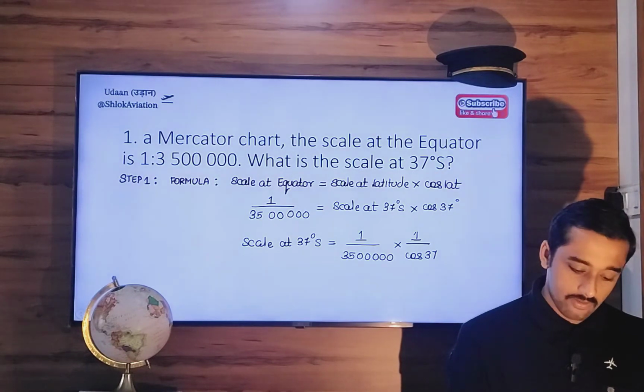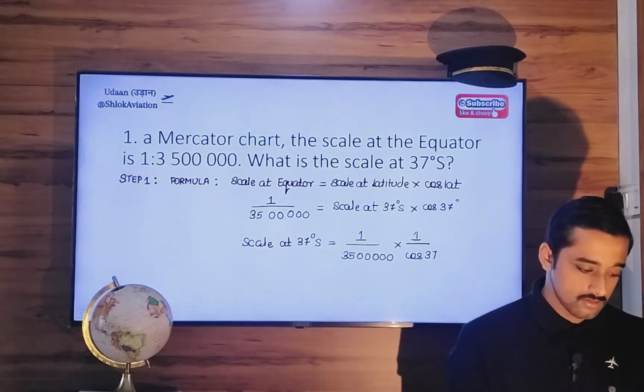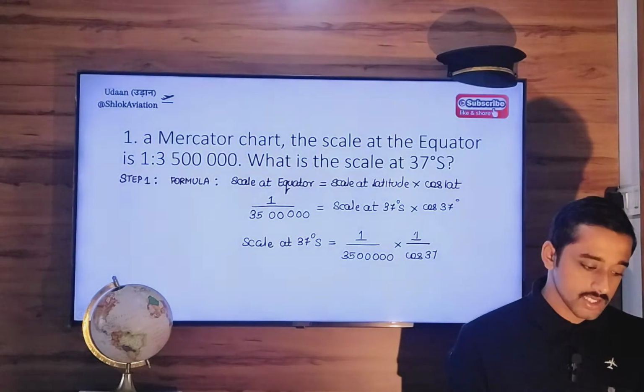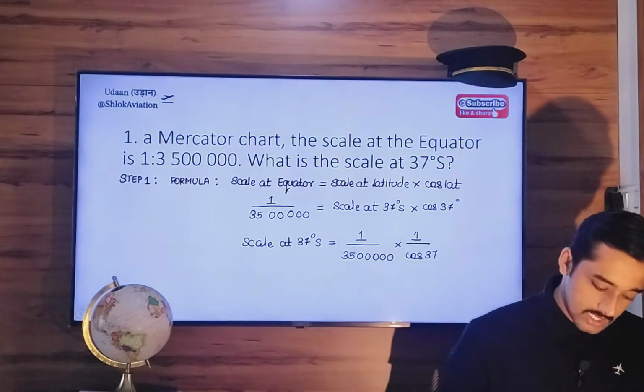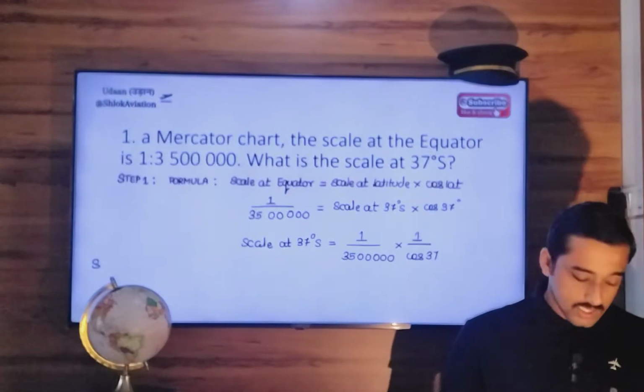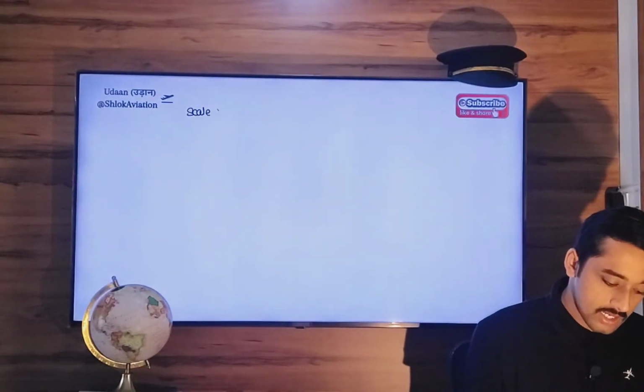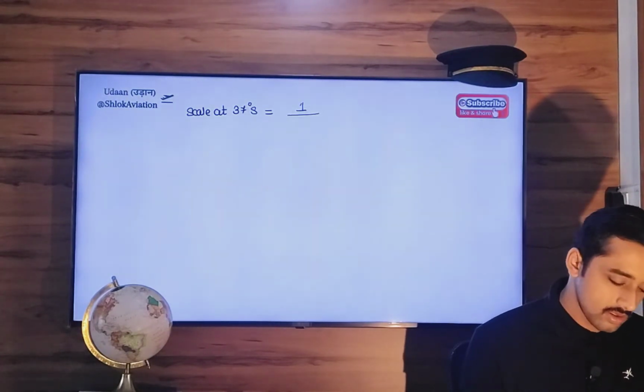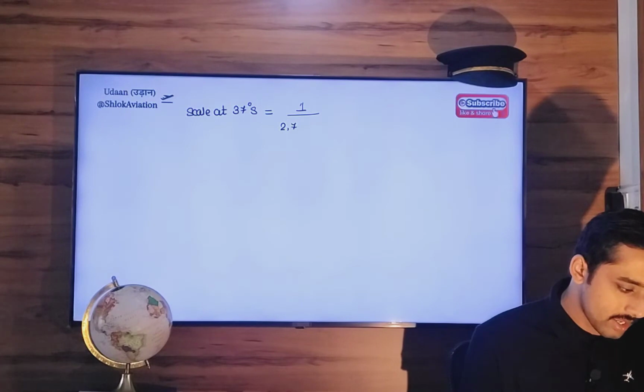Multiply that by 35 lakhs, so you get the answer: 1 divided by scale at 37 degrees south is equal to 1 divided by 2795224.